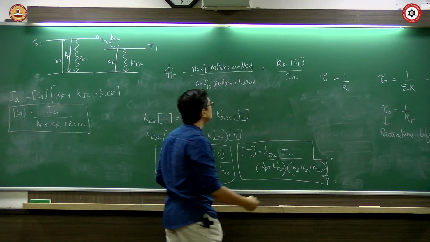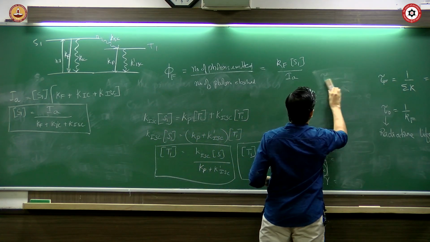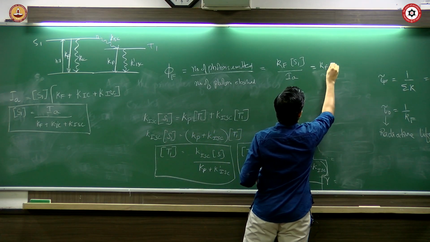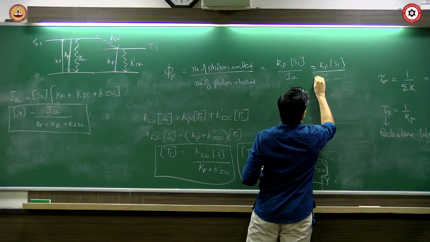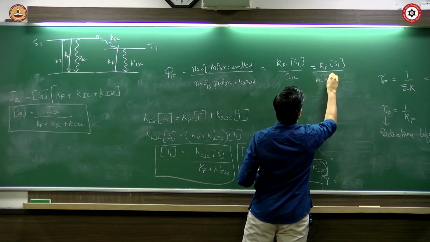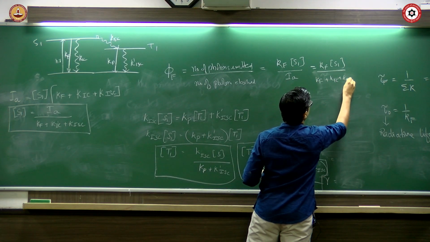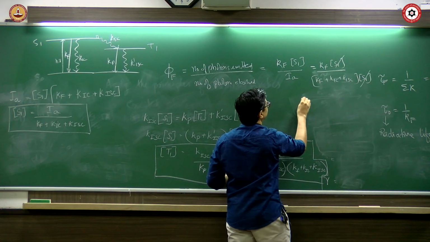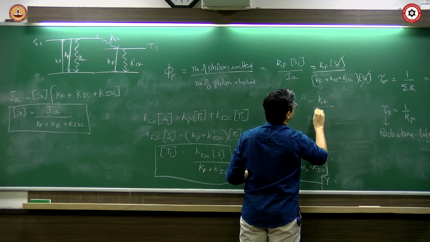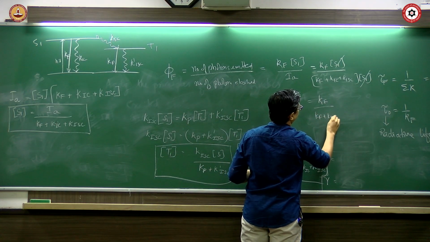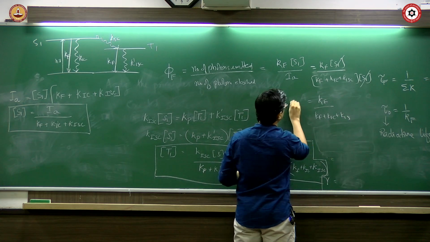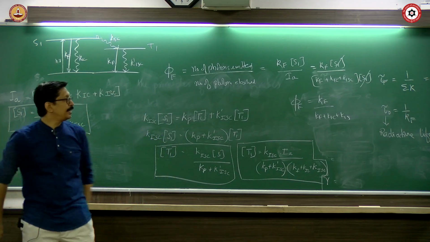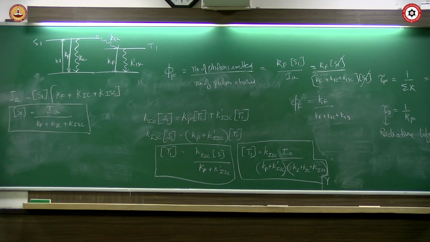So in that case, what is IA under steady state condition? Kf plus KIC plus KISC into S1. So you get an expression for quantum yield of fluorescence as Kf by Kf plus KIC plus KISC, right?